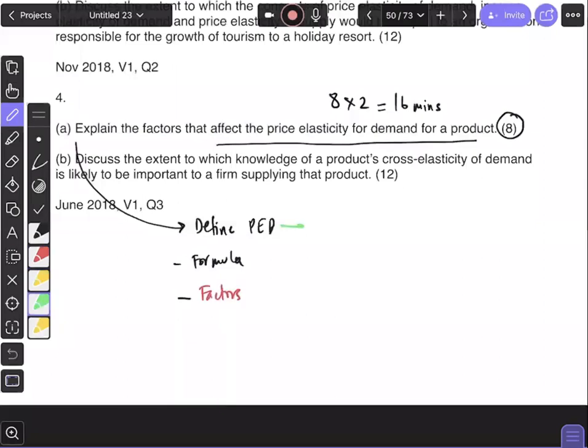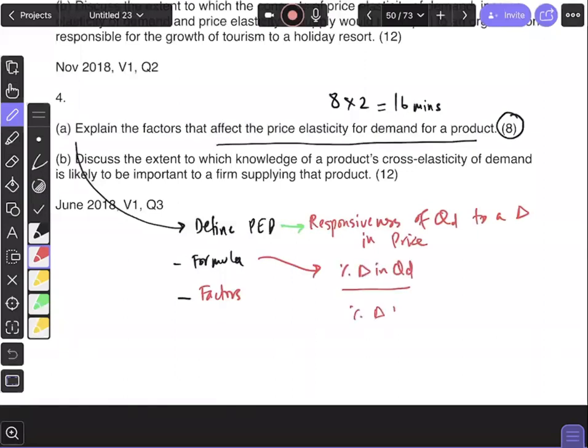What is the definition of PED? Well, simply, PED is the responsiveness of quantity demanded to a change in price. It is the percentage change in quantity demanded divided by the percentage change in price.